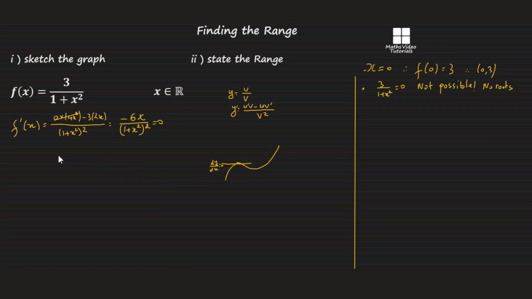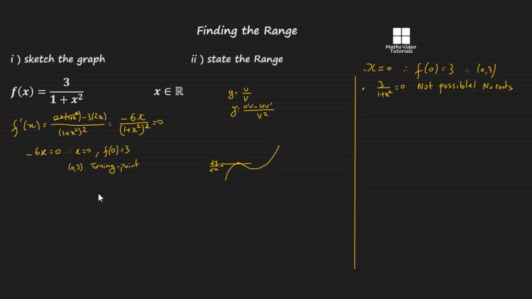So we have minus 6x over 1 plus x squared all squared equals 0, then negative 6x has to be equal to 0 because the denominator cannot be equal to 0. Therefore, x is equal to 0, which means that the turning point happens when x equals 0. And the y-coordinate, f of 0, is of course 3, similar to what we did for the y-intercept. So we can say (0, 3) is the turning point. Let's write it down like this.